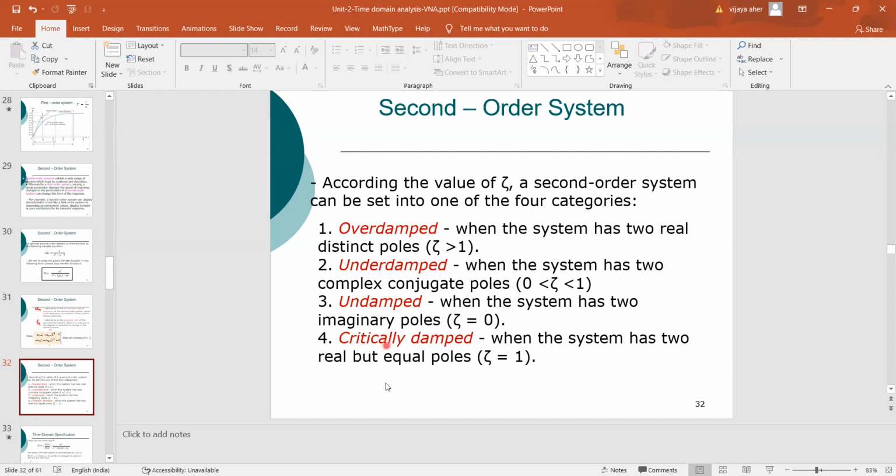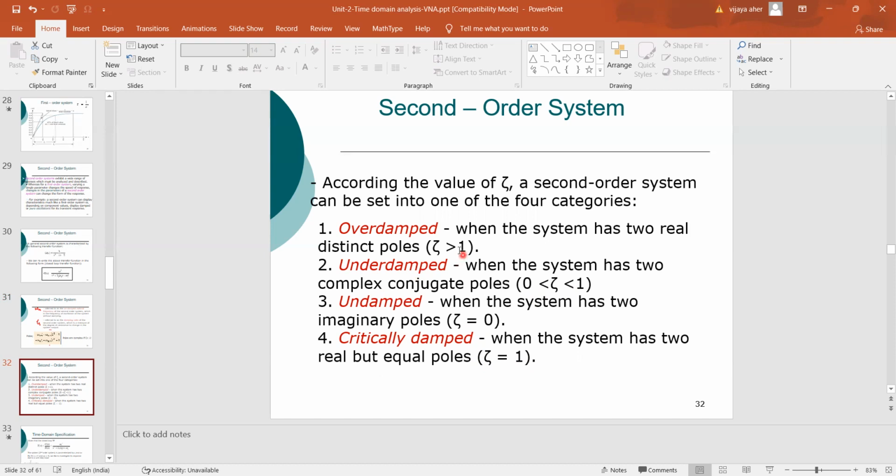So students, you have to remember all these four categories for second order system. According to the value of zeta, you will get overdamped system, underdamped system, undamped and critically damped system. Again, I am repeating: when zeta is equal to 0, the system is undamped. When zeta is equal to 1, the system is critically damped. When zeta is less than 1, the system is underdamped.